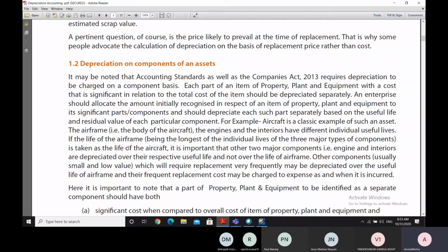Out of the three, engines, interiors, and airframe, the life of the airframe is the longest, and that is taken as the life of the aircraft.